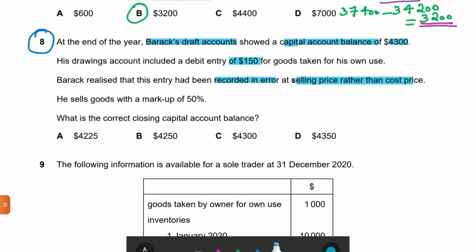He sells goods with a markup of 50%. 50% of markup is their gross profit. So, what is the correct closing capital account balance? Barak's draft account showed capital account 4,300, but this error is not affecting the capital account. So the correct answer will be the same amount only. It is not affecting the capital account, this error. So the correct answer is 4,300 only.